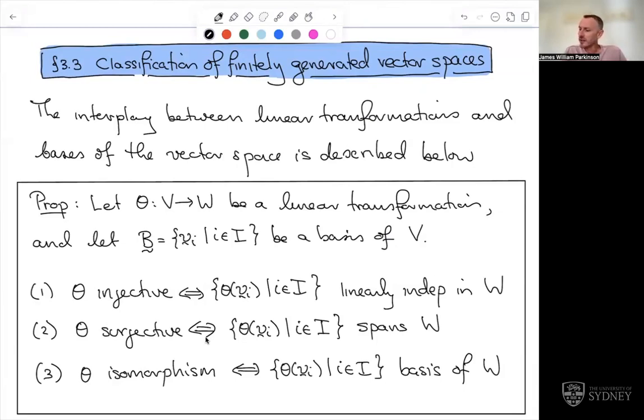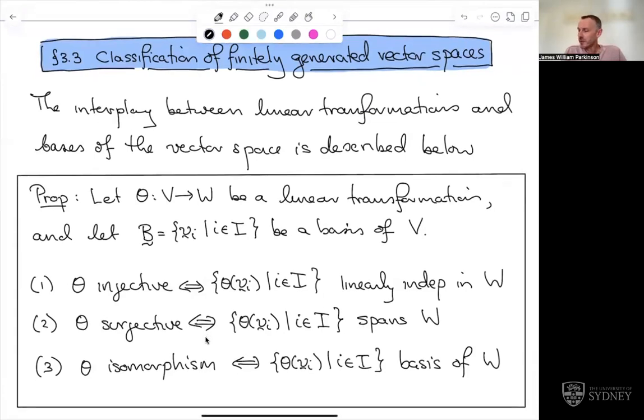Let's say theta is our linear transformation from V to W, and let B be a basis of V. Then theta is injective if and only if the image of this basis is linearly independent in W. Theta is surjective if and only if the image of this basis spans W. And theta is an isomorphism if and only if both of those things happen, and so therefore the image is a basis of W. In particular, the third part is the one that you use quite often, that theta is an isomorphism if and only if it maps a basis in V to a basis in W.